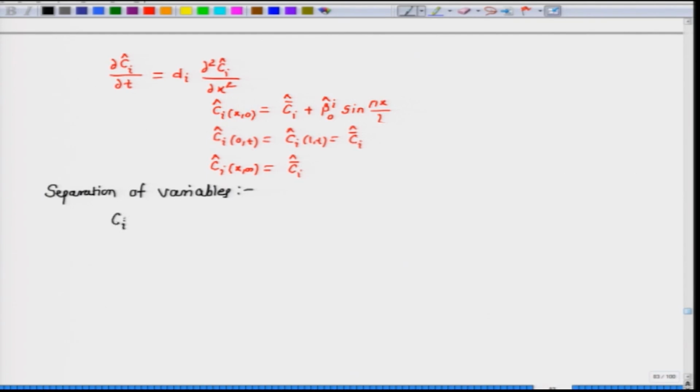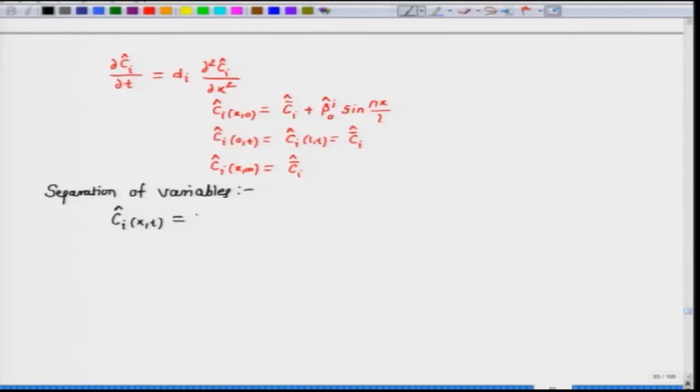What we assume is that Ci cap at any x and t can be expressed as a product of two functions, one which is a function of only x, and the second which is a function of only t. So let us call them X(x) and T(t). So Ci cap at x and t can be given as X(x) times T(t).